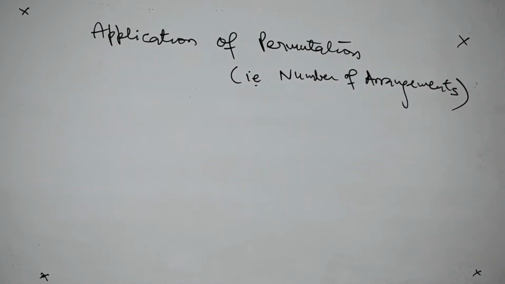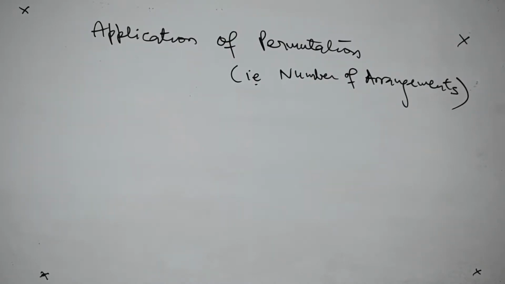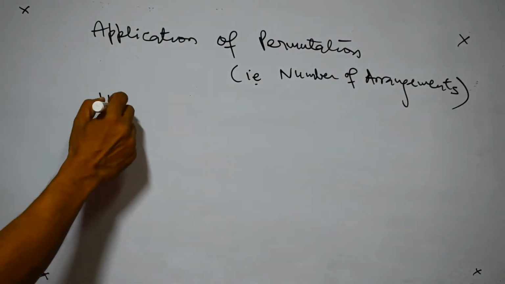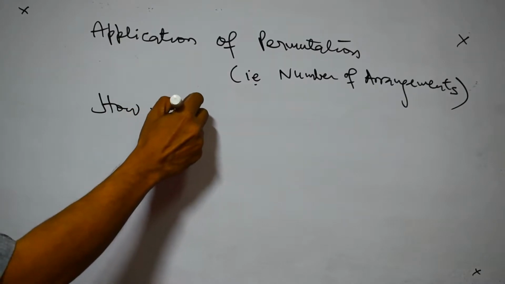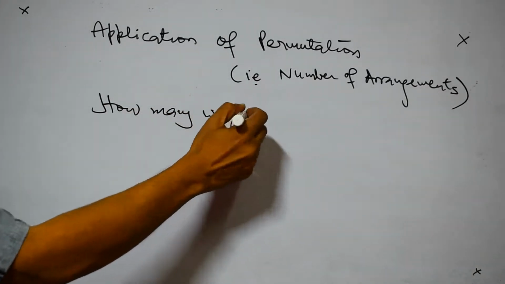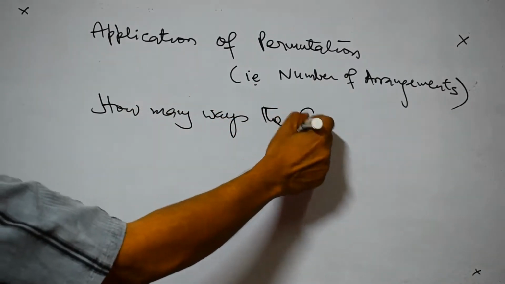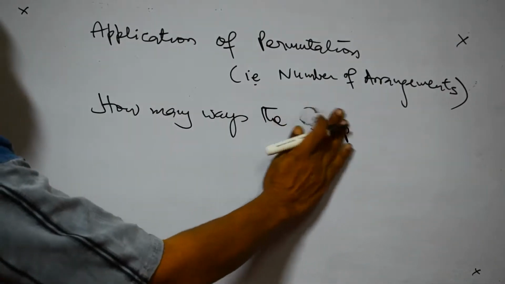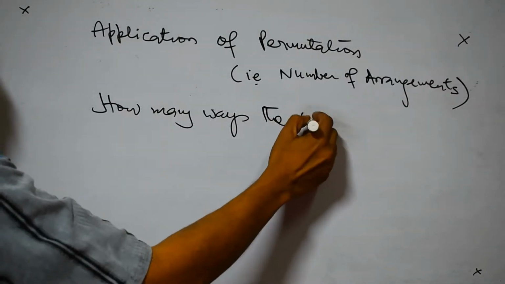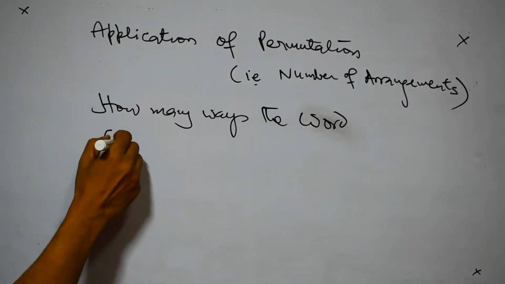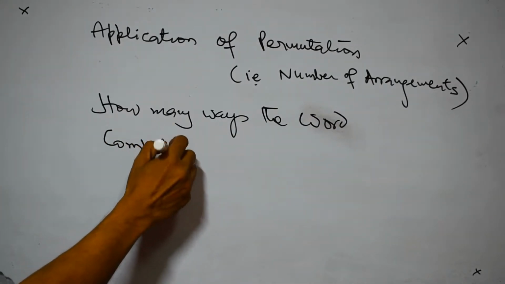Here we find the number of arrangements of words, numbers, formation of numbers, or different kinds of placements, like how many ways the word computer can be rearranged.